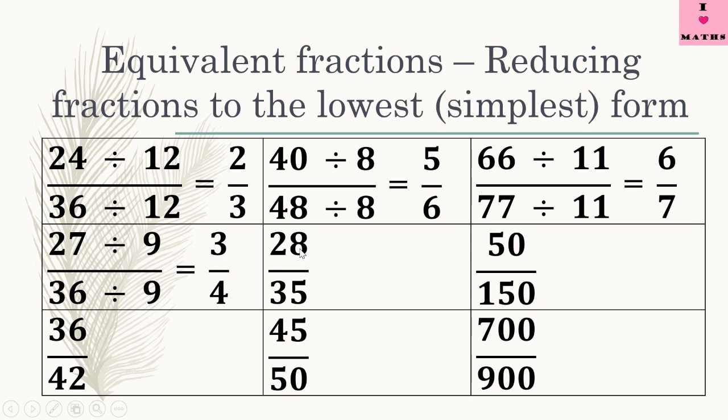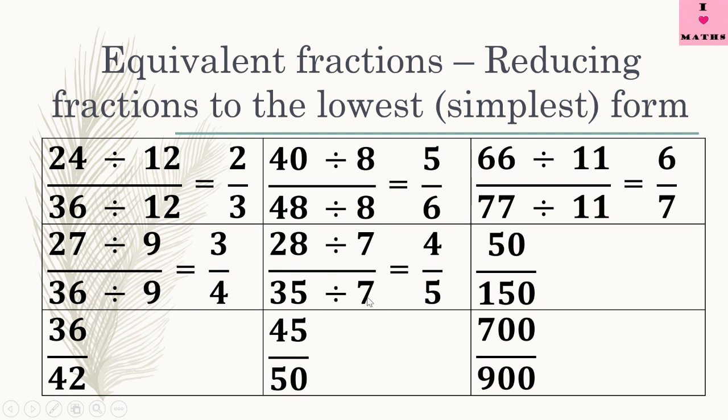Okay, let's do this. 28 upon 35. Start thinking in which number's table you will have both 28 as well as 35. Come on, think. Okay, let's see. 7. 28 divided by 7 is equal to 4. 7 fours are 28.